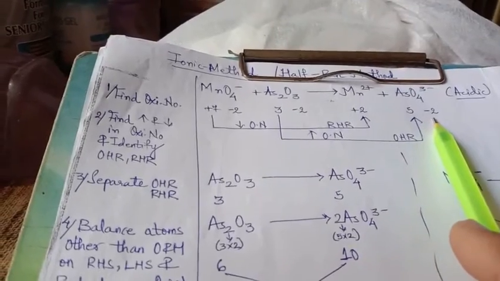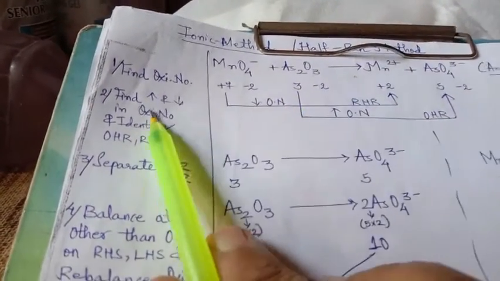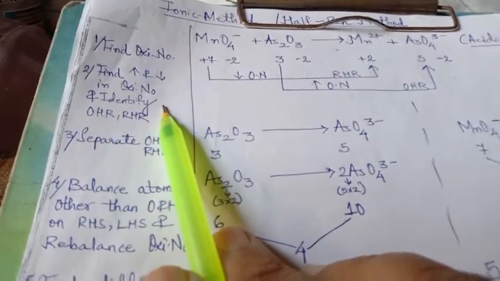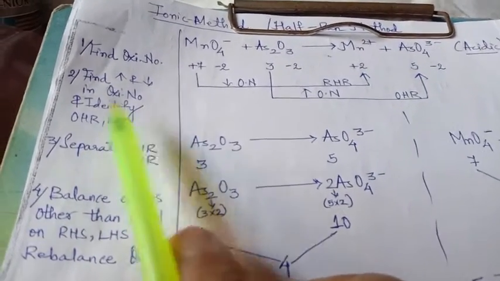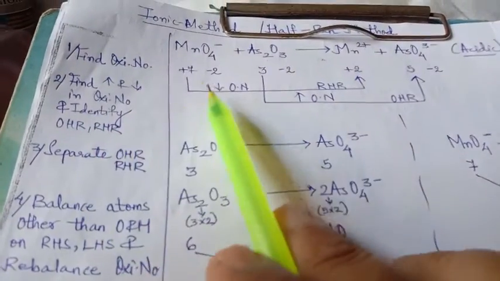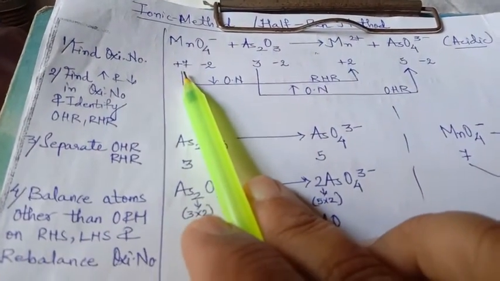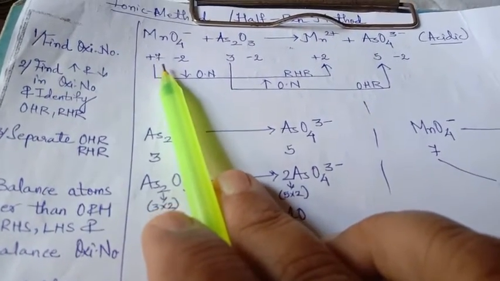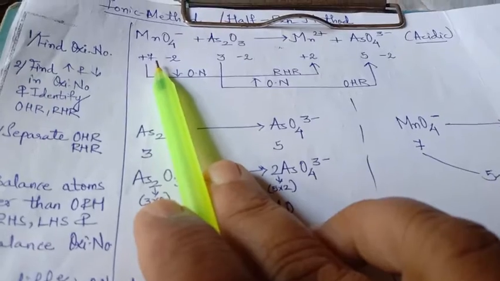Now as soon as we find the oxidation number, the next step is to find the increase and decrease in the oxidation number, and then we will identify whether it is an oxidation half reaction or a reduction half reaction. So here you see Mn plus 7. First of all we will see, other than oxygen and hydrogen, what are the metals present over here.